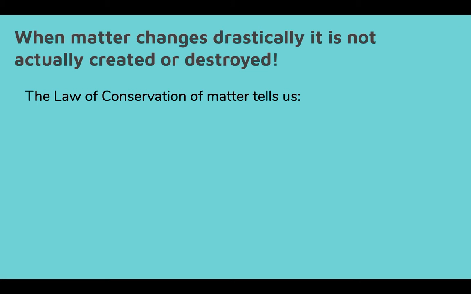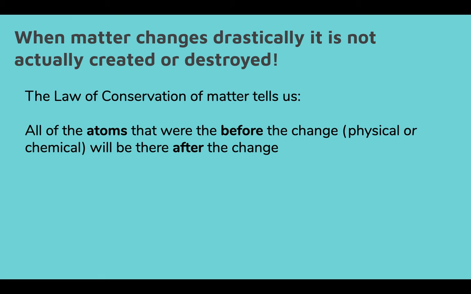The law of conservation of matter tells us that all of the atoms that were there before the change, whether it's physical or chemical, will be there after the change. Very quickly, let's focus on this word, atoms. Say atoms. All of the atoms that were there before the change will be there after. We're not saying molecules, we're not saying substance, we're specifically talking about the atoms.